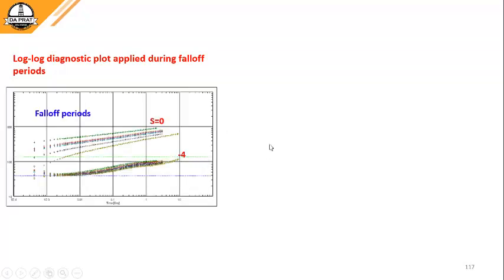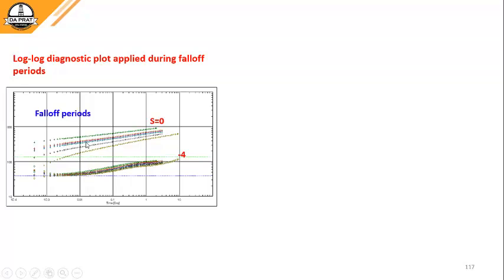Now we apply a log-log diagnostic plot to the fall-off periods, and you can see here that all are similar. There is this first radial flow, let's say, that is associated to the water bank. There is a transition, and then we're going to the oil bank, as you can see here.